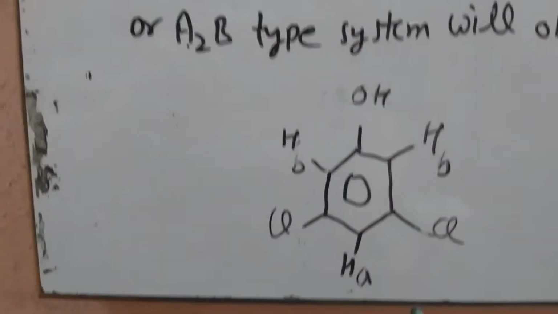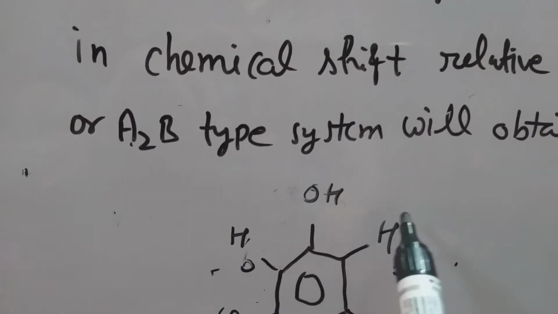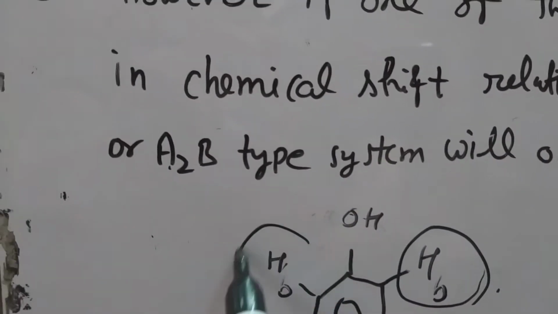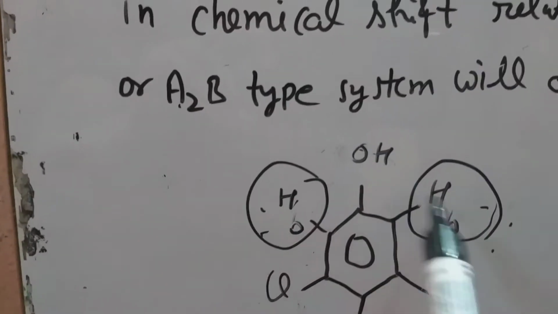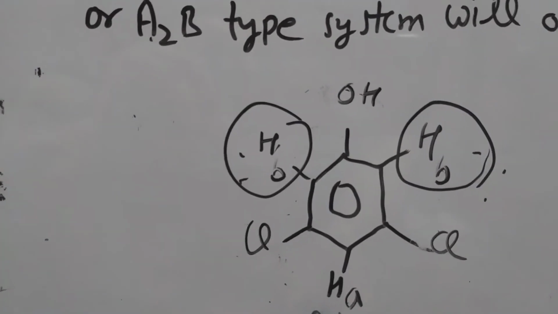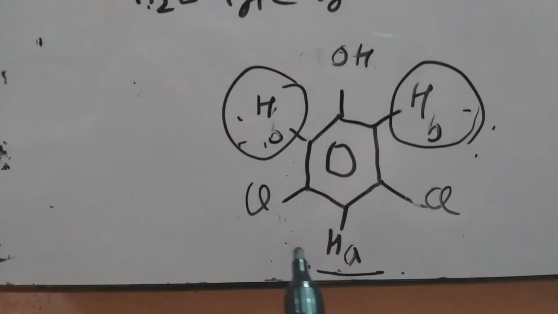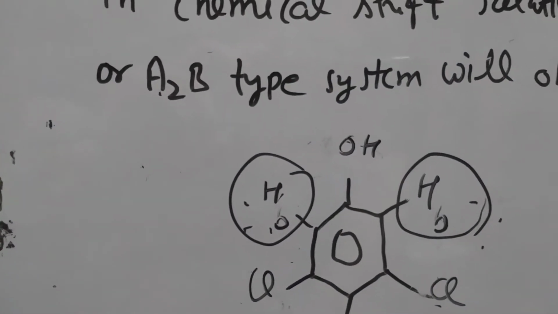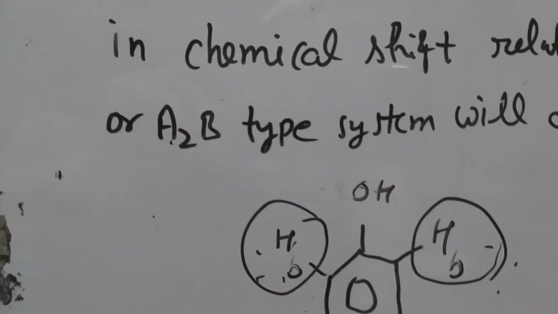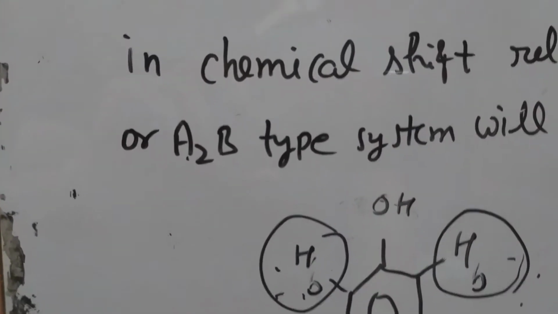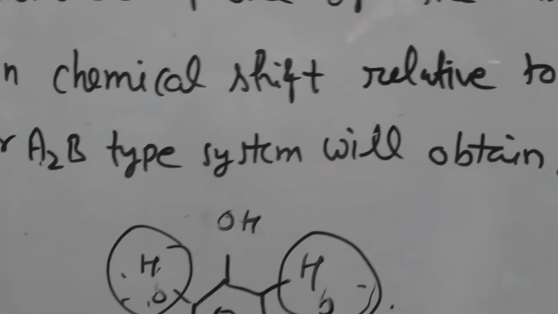Here we have considered an example. Both of these protons have the same chemical environment, they are chemically equivalent to each other and will have the same chemical shift value. This is the second proton Ha, which is different from these two protons and will give a different chemical shift value. But because their chemical shift values are only slightly different, we term them an AB2 system.